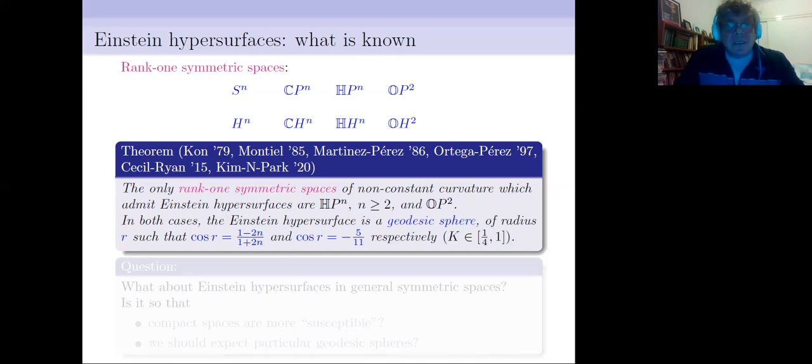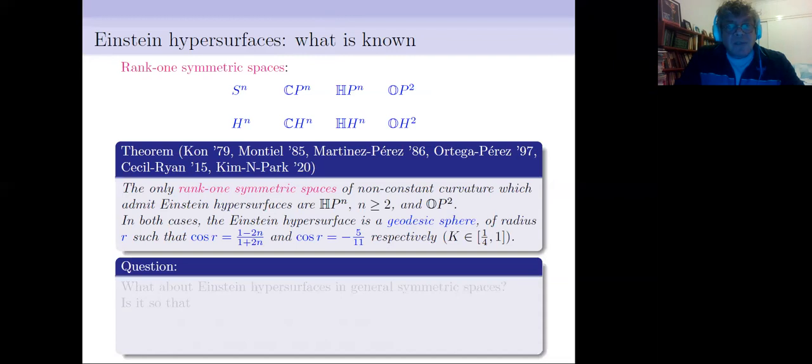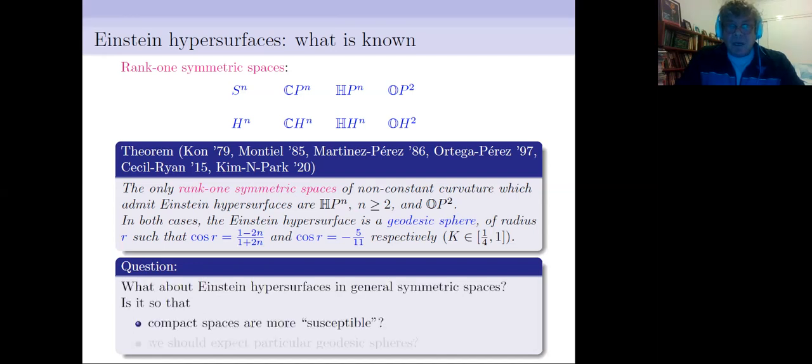This is what we have in rank 1 symmetric spaces, and just by simply looking at the theorem, we may speculate that first, in compact spaces, we would probably expect more Einstein hypersurfaces as opposed to non-compact ones. And secondly, we should probably see geodesic spheres.